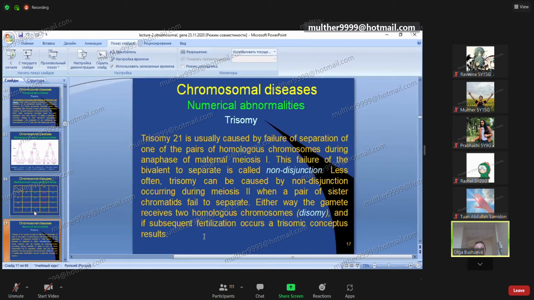Less often, trisomy can be caused by non-disjunction occurring during meiosis II, when a pair of sister chromatids fail to separate. Either way, the gamete receives two homologous chromosomes, disomy, and its subsequent fertilization results in a trisomic conceptus.